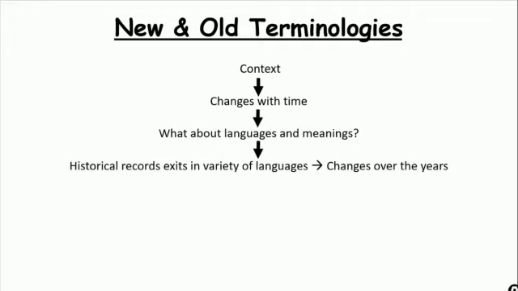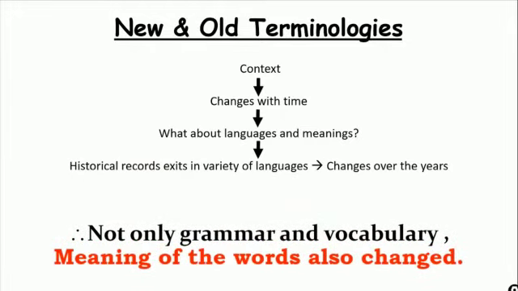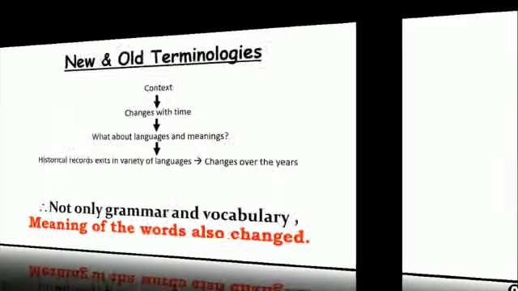Historical records, languages and even the meaning of words change with time. Not only grammar and vocabulary, the meaning of words also changes with time. Are you clear children? For better understanding, we can see some examples.